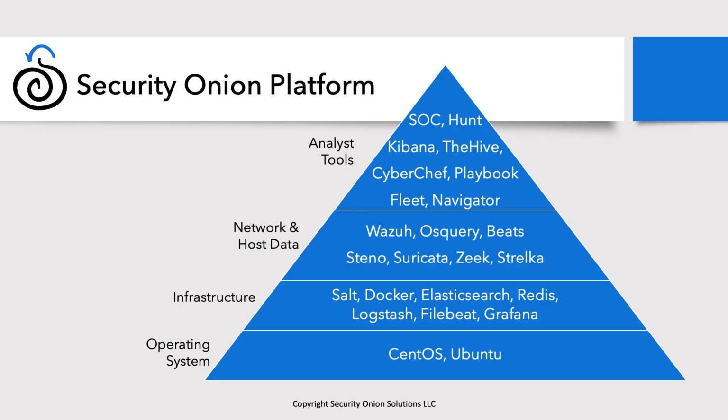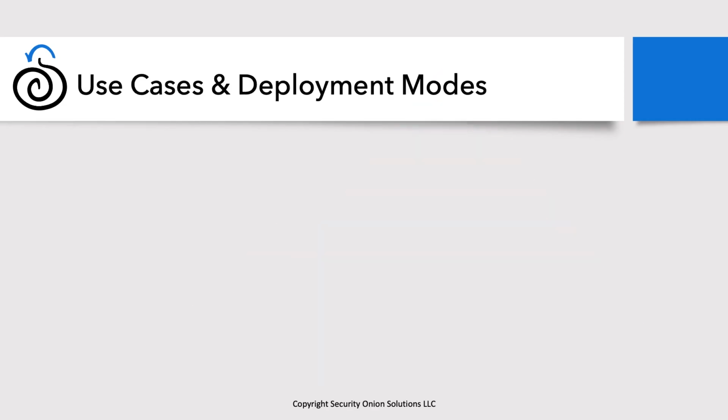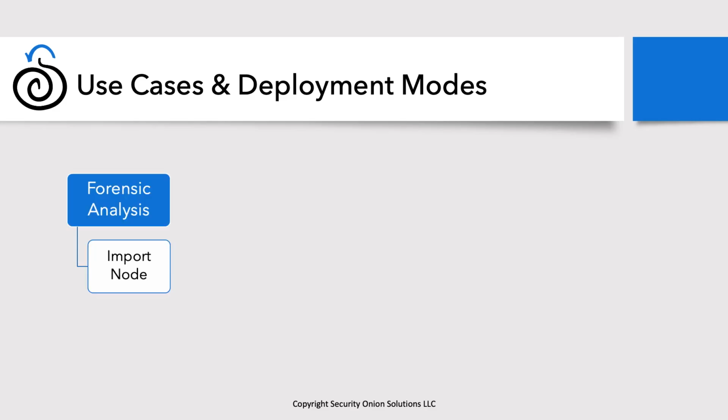All right, with this background, let's look at use cases and deployment modes. There's many different ways that you can use Security Onion and a number of different deployment modes. So I just want to walk through them to make sure that we're all on the same page here. The first is forensic analysis.